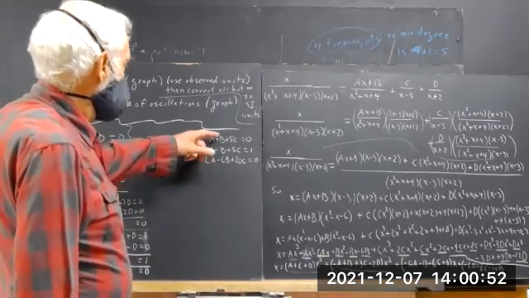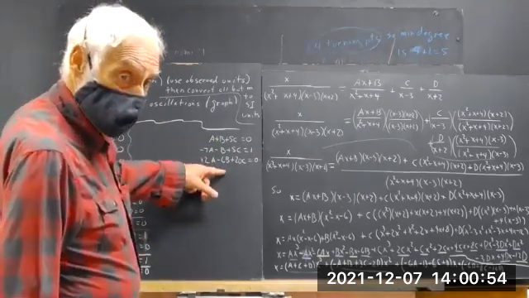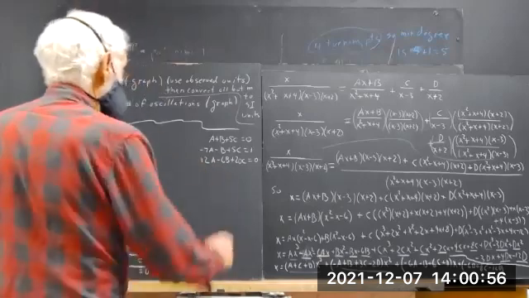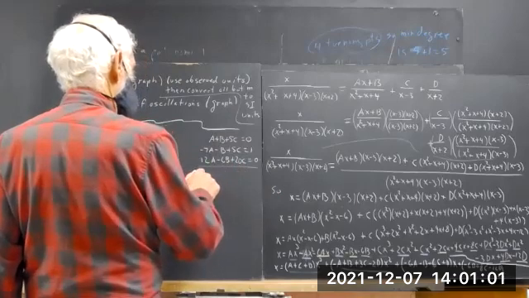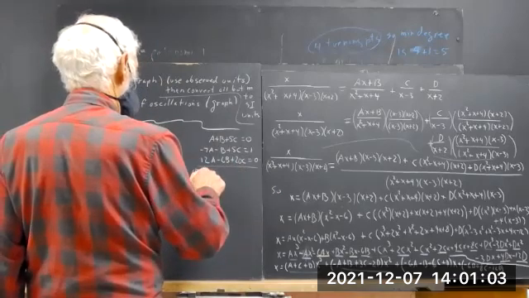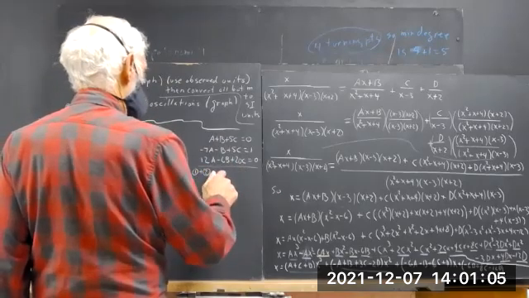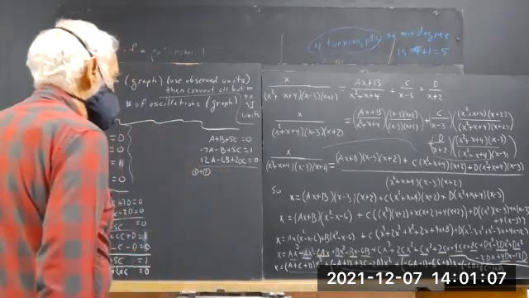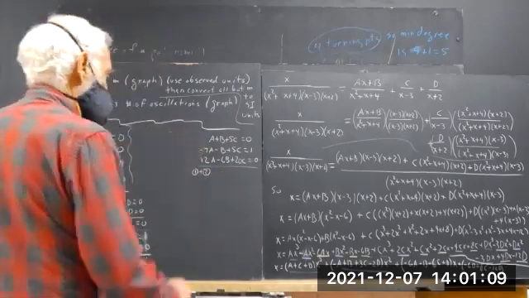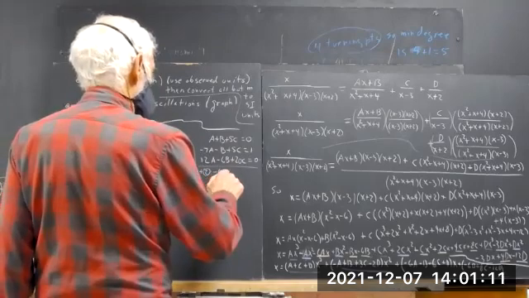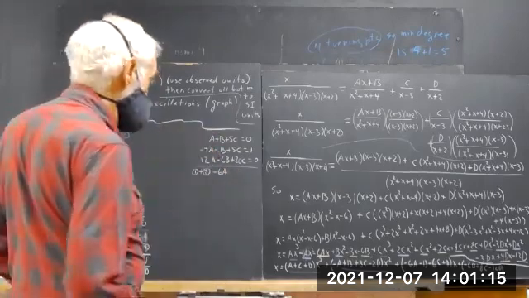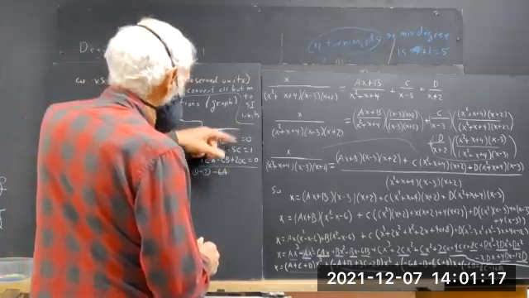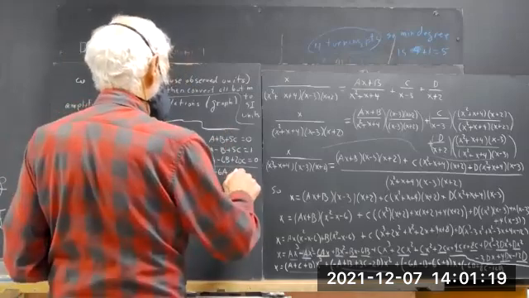Well, now we see that b can be eliminated pretty easily in these 3 equations. So equation 1 plus equation 2 gives us what? a and negative 7a is negative 6a. b and negative b is 0. 5c and 5c is 10c.